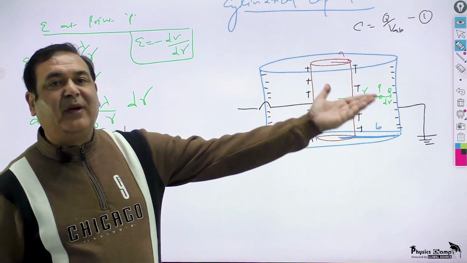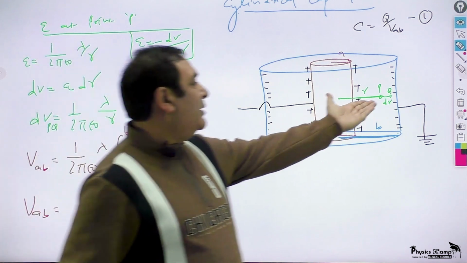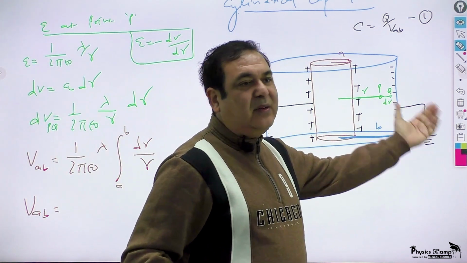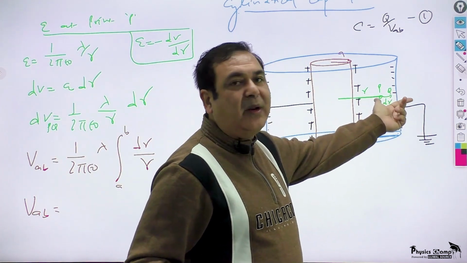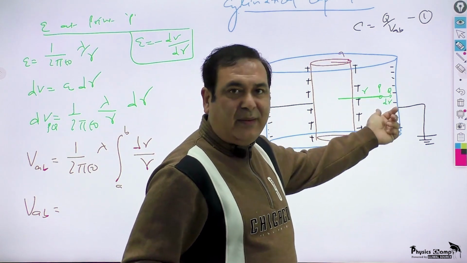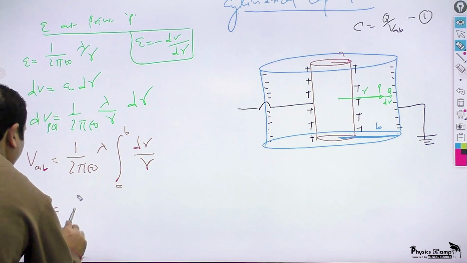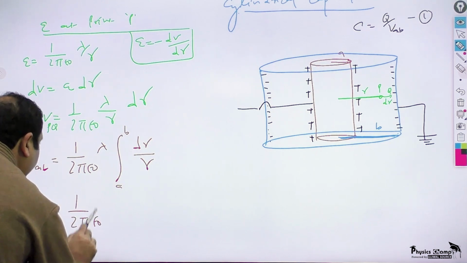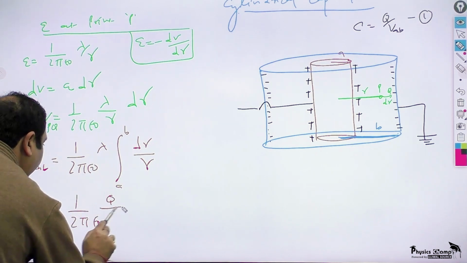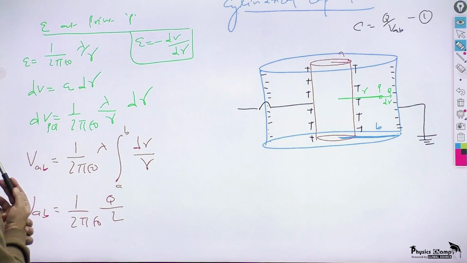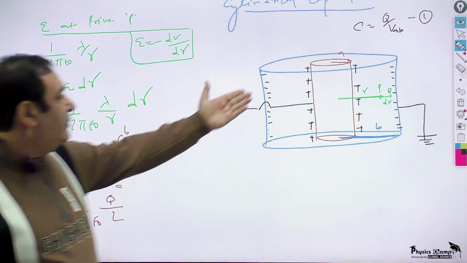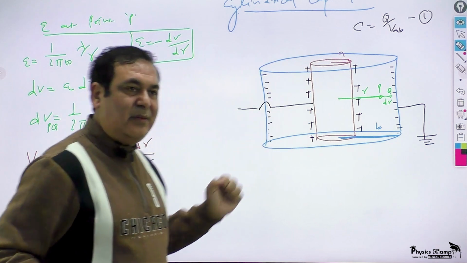Potential on the outer shell will be 0 because it is earthened. So whatever is the potential difference from inner to outer, it actually is the potential on inner. On outer it is already 0. This will be 1 by 2 pi epsilon naught, and this linear charge density can be said as Q by L, where Q is the total charge and L is the length.